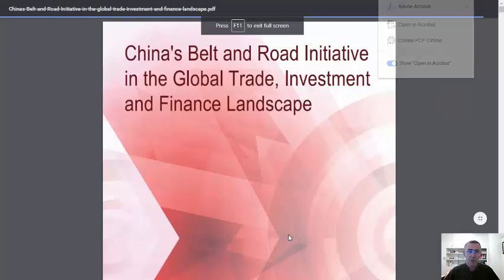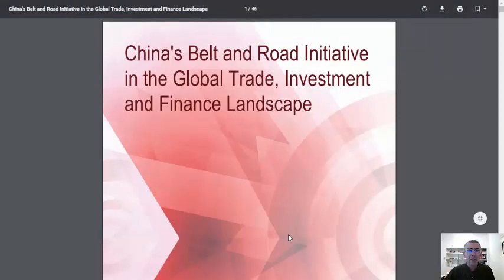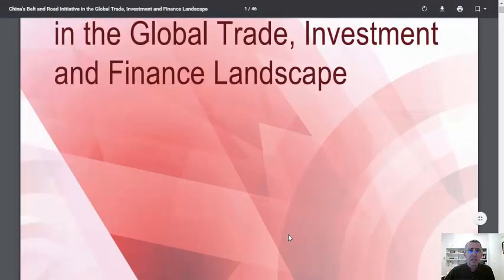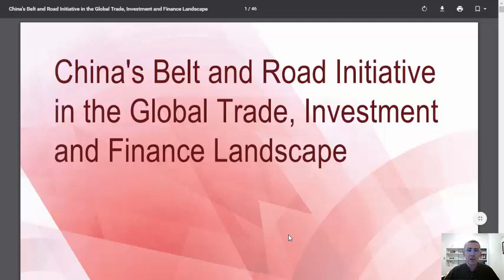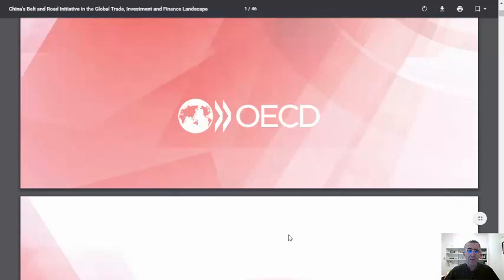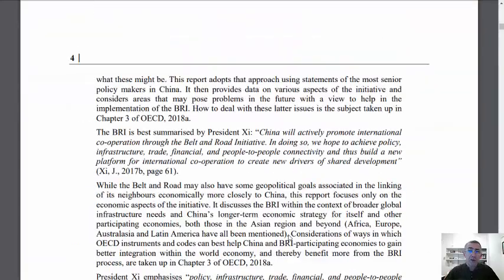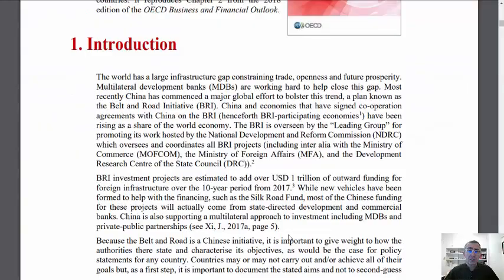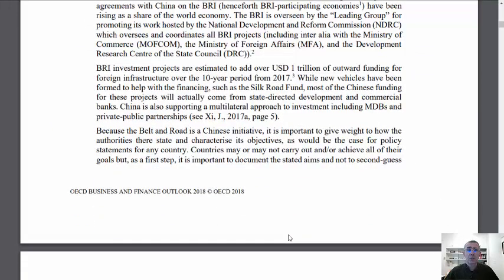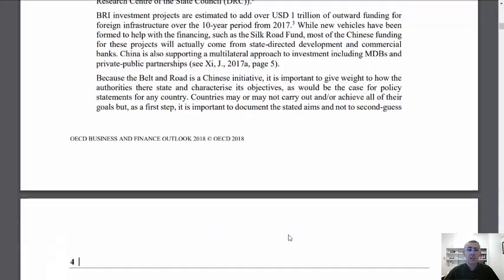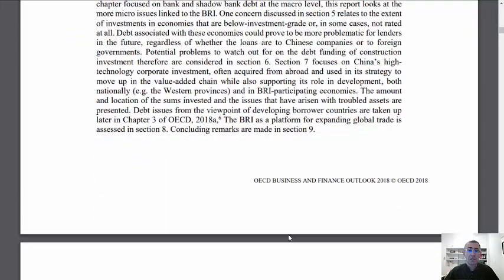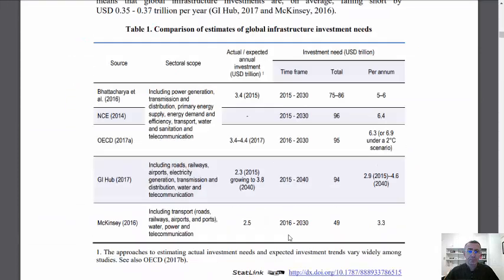That's not just infrastructure. What I have here is from the OECD, a document on China's Belt and Road Initiative, tracking the investment and finance landscape for the initiative. The question is, would you want to be involved? Would you want to be the recipient of that money as a country, knowing that China is spending a lot of time and effort doing that?